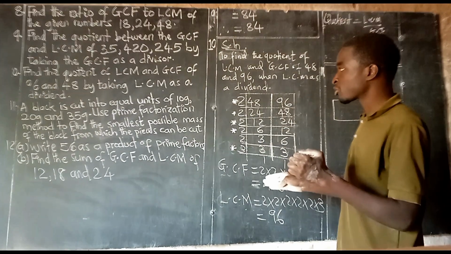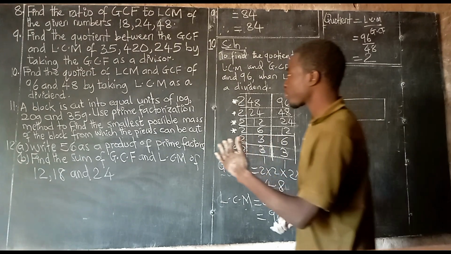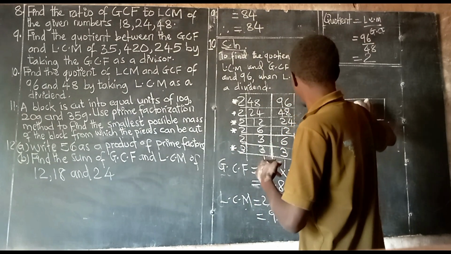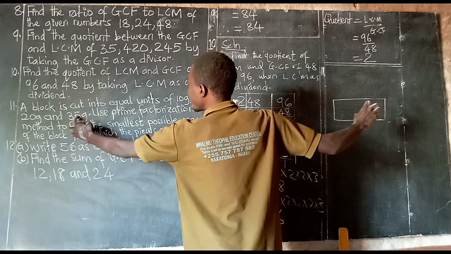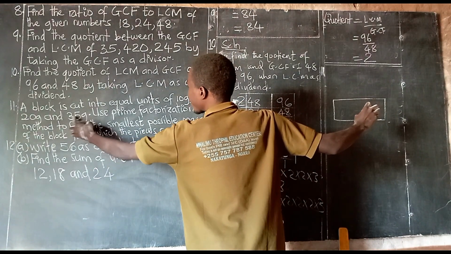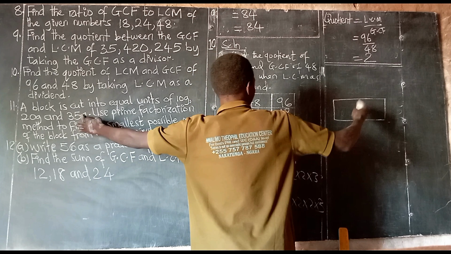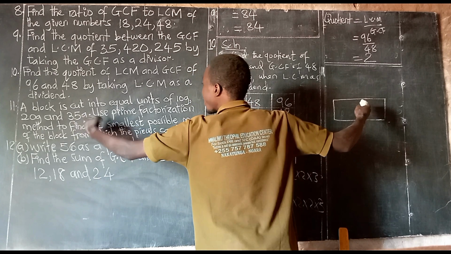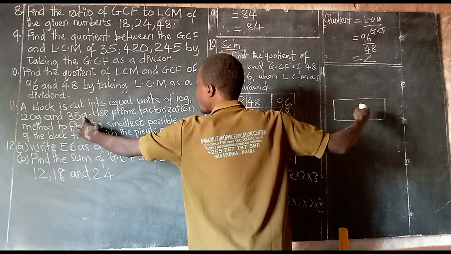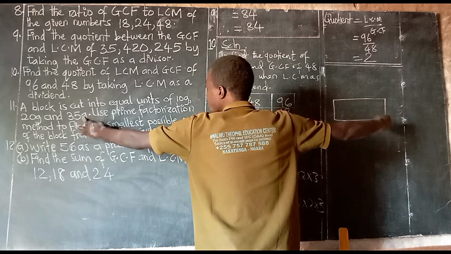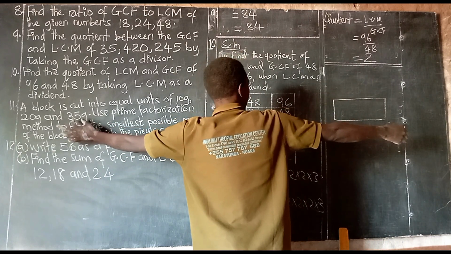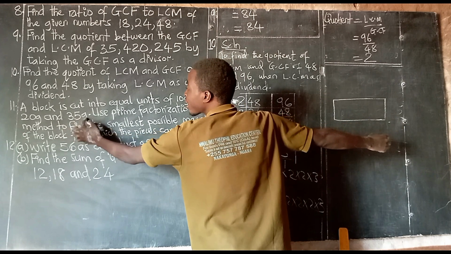So simply, it means the mass of the block should be greater than 35, so as to make it possible for us to divide it into pieces of at least 35 gram.